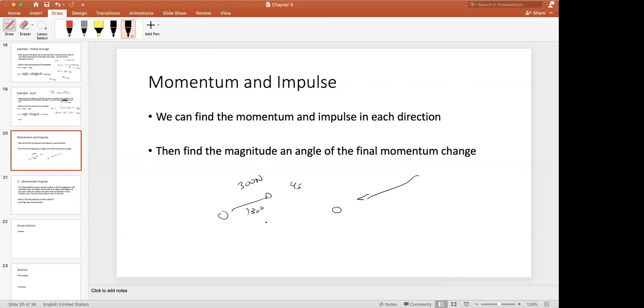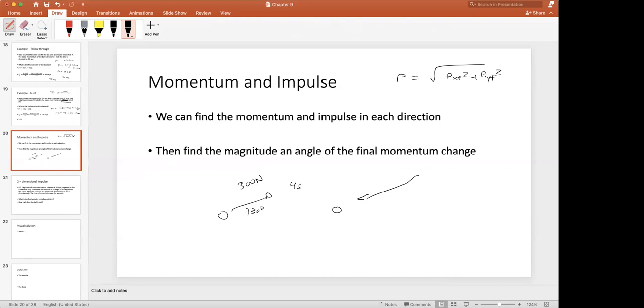You could find the change in momentum in the X and the change in momentum in the Y, and then figure out what the total momentum is using P is the square root of PX final squared plus PY final squared. That's easy enough to understand, right? We've done that enough, and figure out what direction it's in from the angle, which is arctan of Y over X, all that good stuff. We've done that. I don't need to go over that.